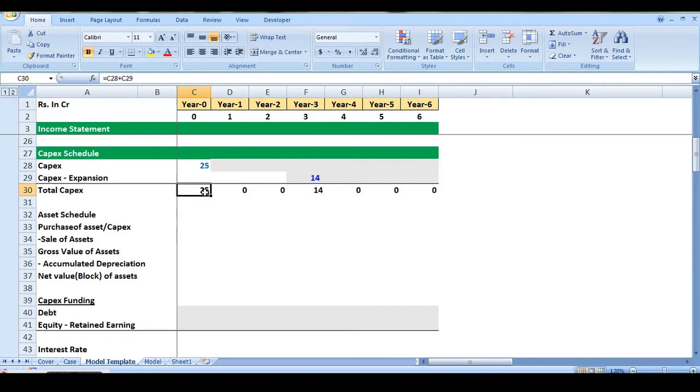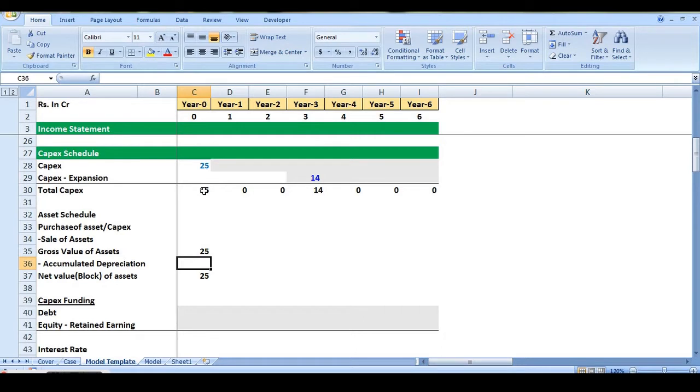Now for the purpose of the asset schedule, my net block of asset for year 0 is equal to my capex for year 0, as there are no purchases or sale or depreciation for year 0. Considering the depreciation to be 0, even my gross value of assets becomes 25 only in year 0, and that is an assumption that we are making for this particular case.